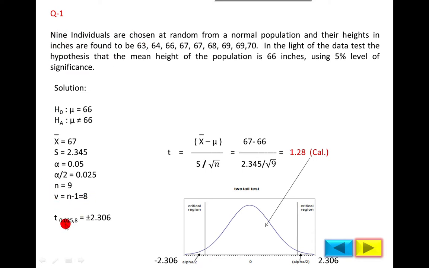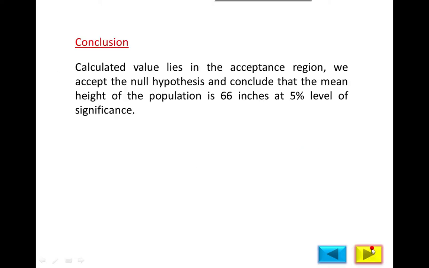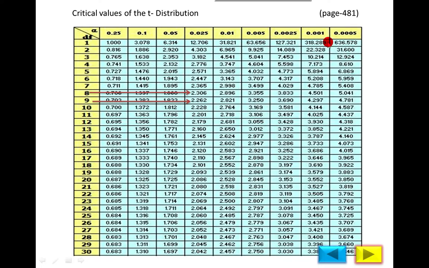With the help of 0.025 and 8, the value is plus minus 2.306. This is the T table, page number 481. Alpha is 0.025 and degree of freedom is 8, sample size 9 minus 1 is 8. The value is 2.306.